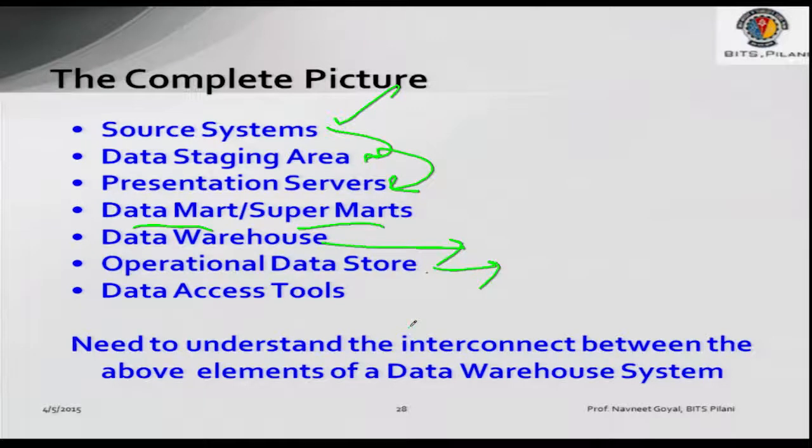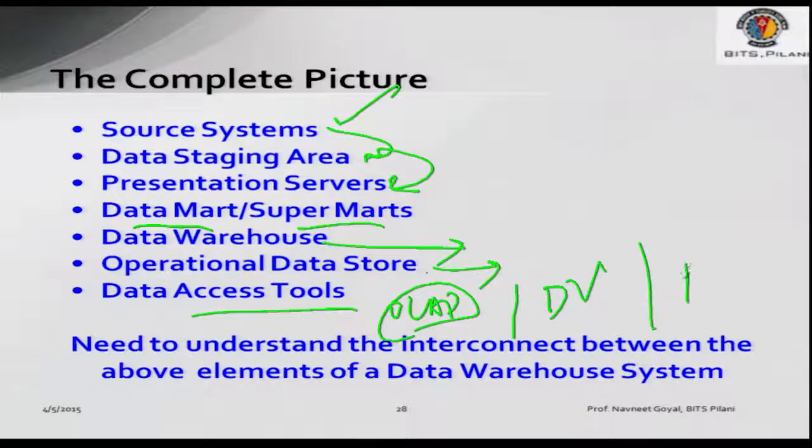If your goal is to build a data warehouse, then you have the data access tools, which typically are OLAP or some kind of data visualization tools or data mining tools. So these are all end user access tools or report writers. What we need to do is understand the interconnect between the above elements of a data warehouse system.